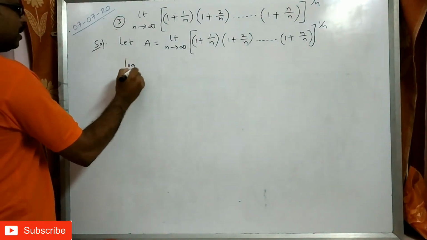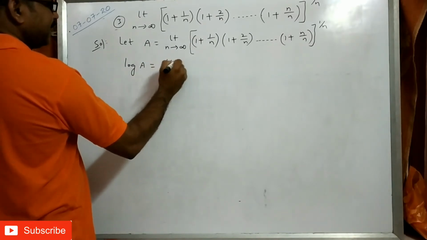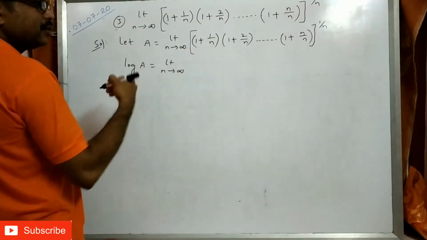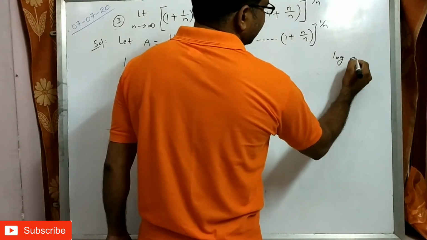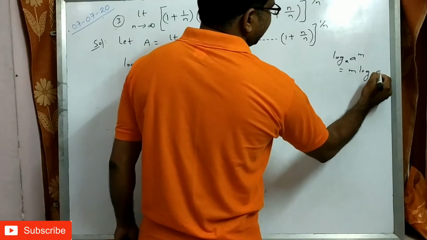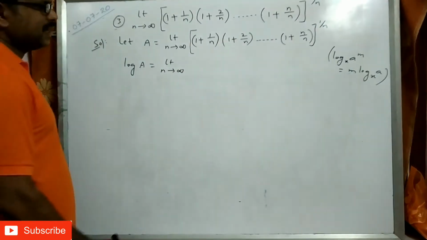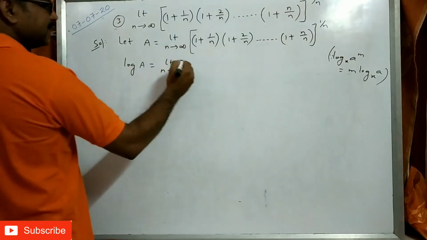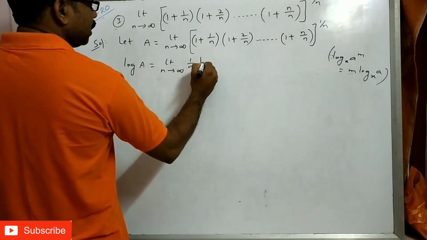Taking log on both sides, log A is equal to limit n tends to infinity. The power 1 by n will come to the front as a product, because log a to the power m to the base x can be written as m log a to the base x.